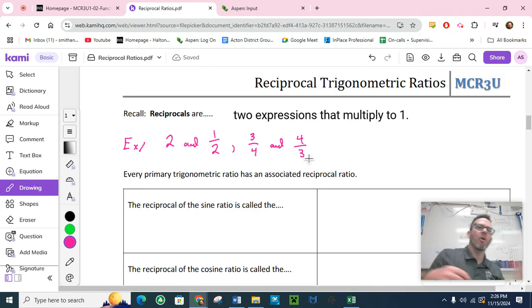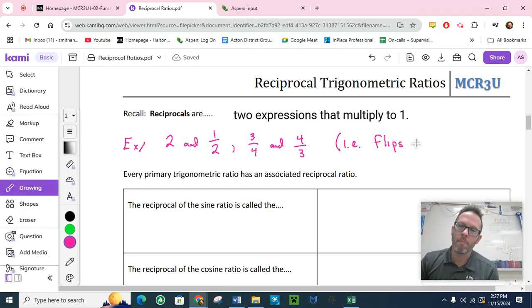Because when you multiply 3 over 4 and 4 over 3, you get 12 over 12, and that's just 1. But you see with both of these, they're just the flips of each other, right? So informally, you guys can think of reciprocals as just being like a flip. And that's the easy way to think about it. So just in brackets here, I might say, i.e., flips of each other. That's not a formal math word, but I think it'll help you guys remember.